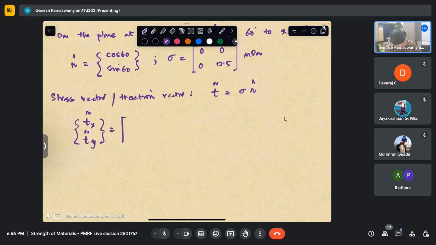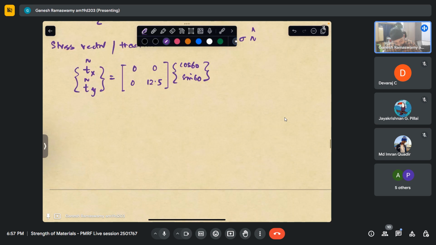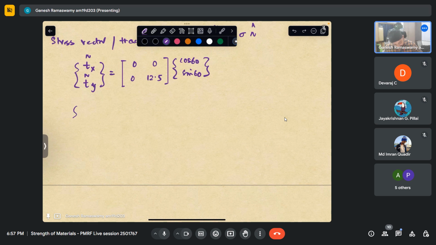It is given by (0, 12.5) into (cos 60, sin 60). So let us multiply this out. What do we get? We get 0 and then we get 12.5 sin 60.